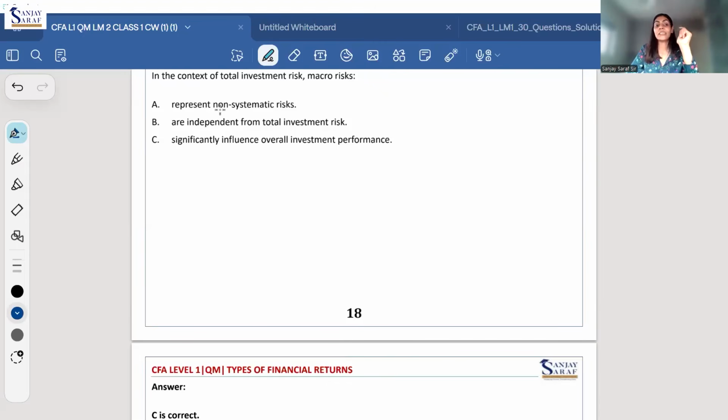A is non-systematic risk, which is incorrect. It is systematic risk. I really am sorry for that confusion over there. B are independent from total investment risk. So it is not independent. It affects my total investment risk. C is the correct answer. It significantly influences overall investment performance.